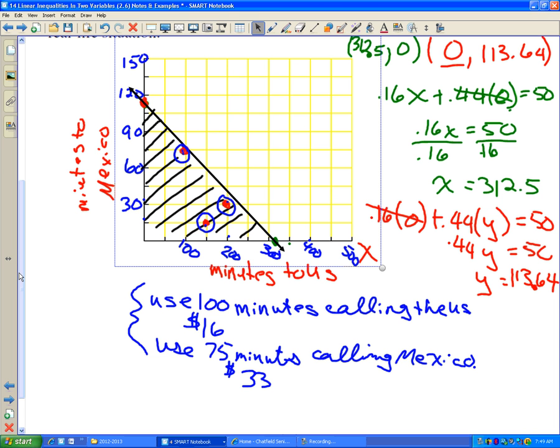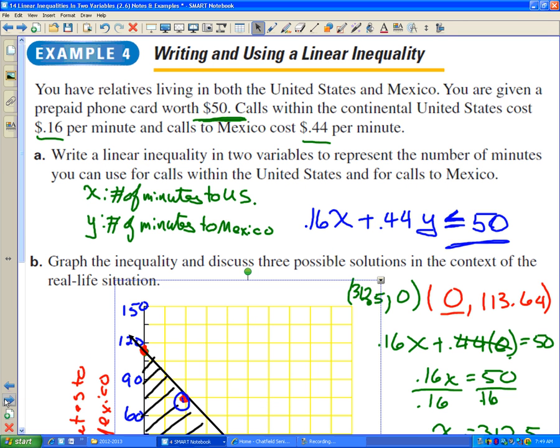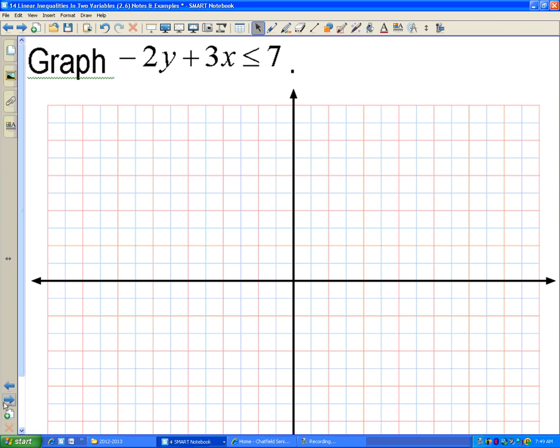That's the real world solution, the real world meaning when I talk about these particular points. If I ask you to write all 3 of them out for a question, I want to save you a little time, so I'm not going to write out all 3. This is a little extra problem if you do want to do one more, but we've done ones like this, so I'm not going to spend the time doing it.